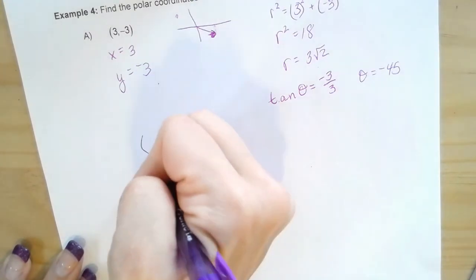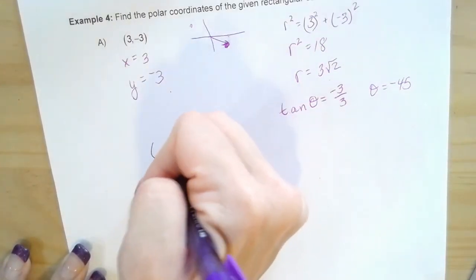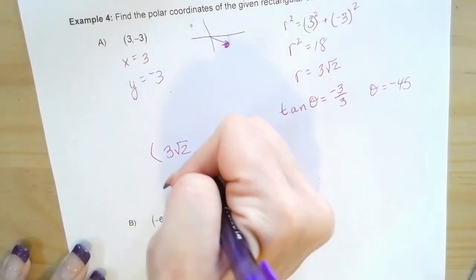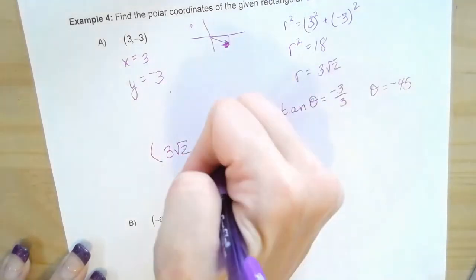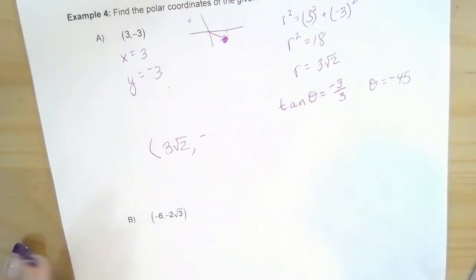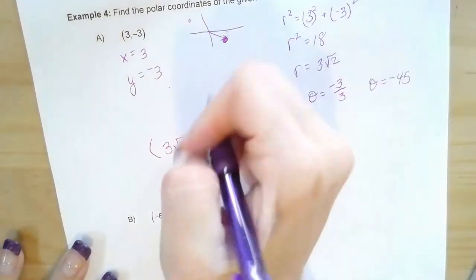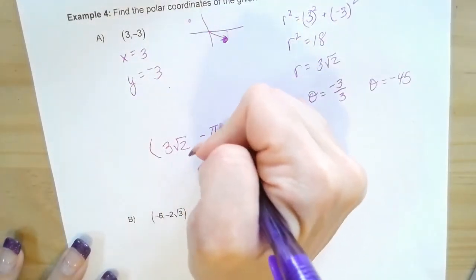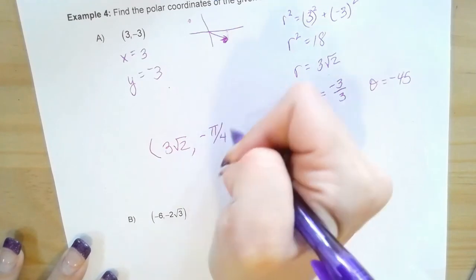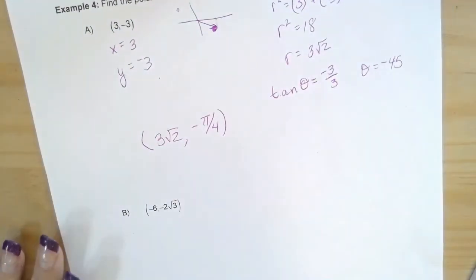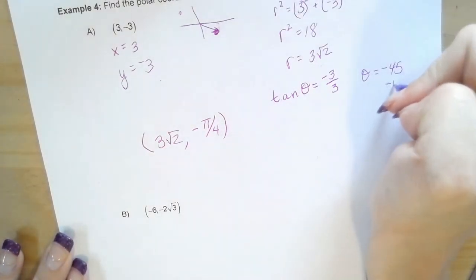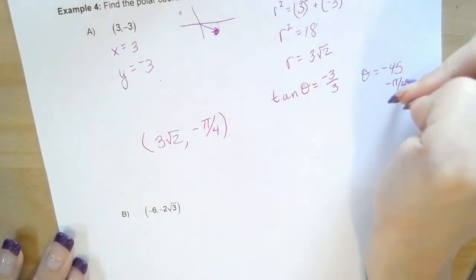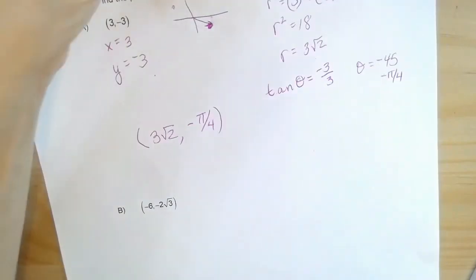So which means our polar coordinate is 3 square root of 2, comma, of course, I don't want to do negative 45, right? I want to do negative pi over 4. Okay? Because I want it to be in radians. So let's redo that. There we go.